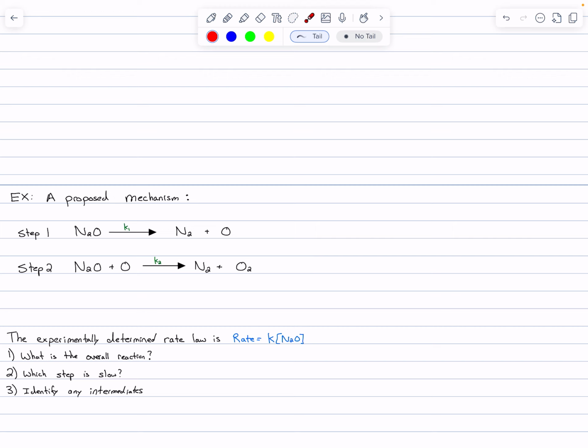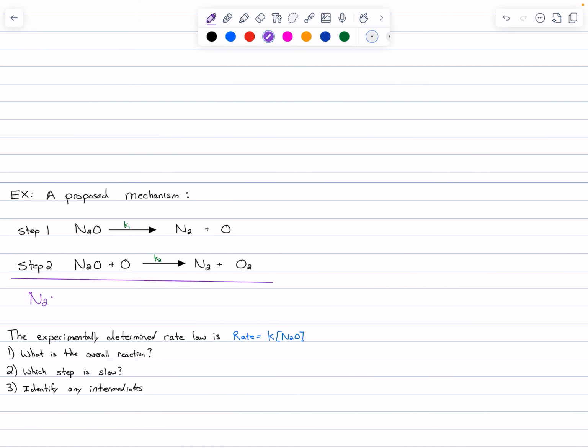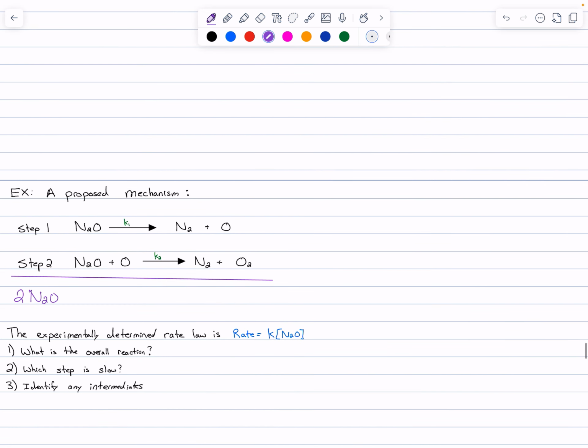What's the overall reaction? Well, the overall reaction is pretty straightforward. We can just add these up. If I add these up, we would have N2O, and I would actually have two of those, plus O going to 2N2 plus O2 plus O. And you might notice that this O is canceled.